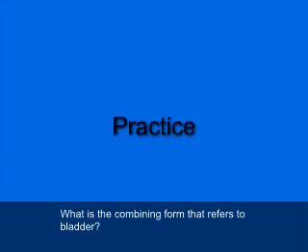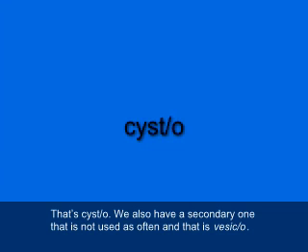What is the combining form that refers to bladder? That's cysto, CYST/O. We also have a secondary one, not used as often, and that is vesico, VESIC/O.